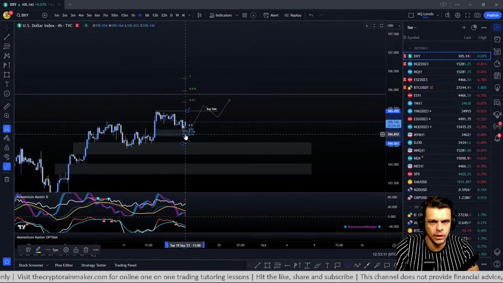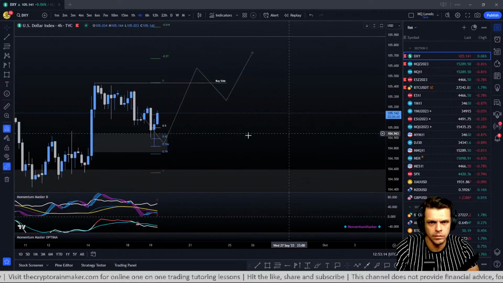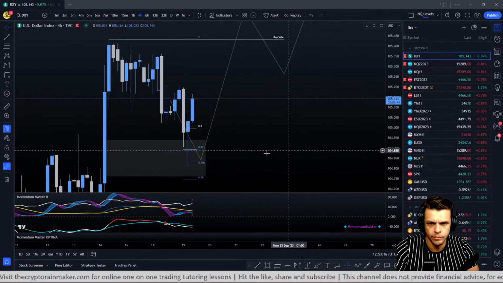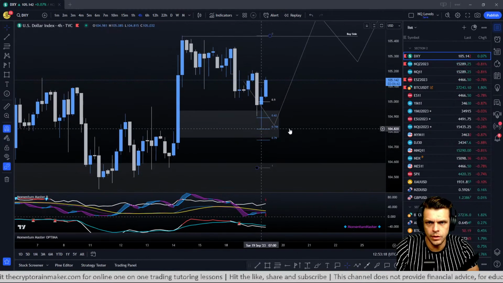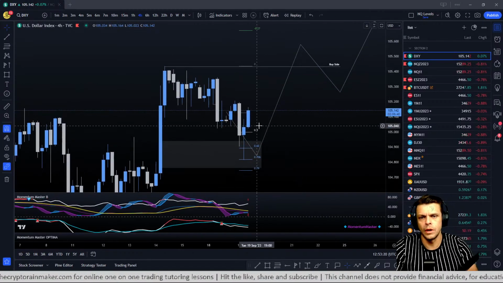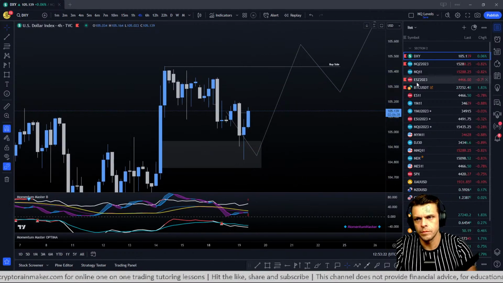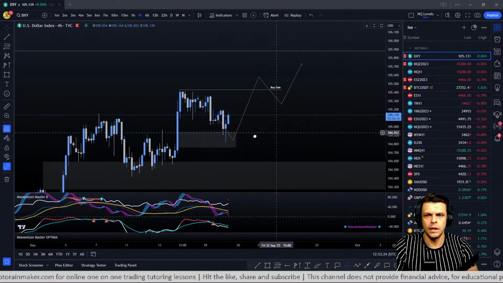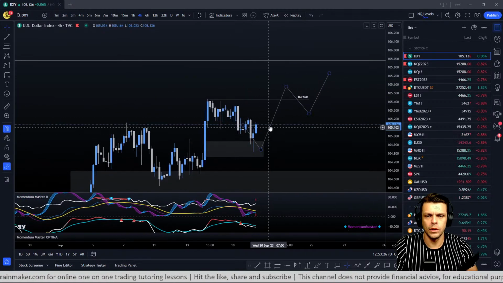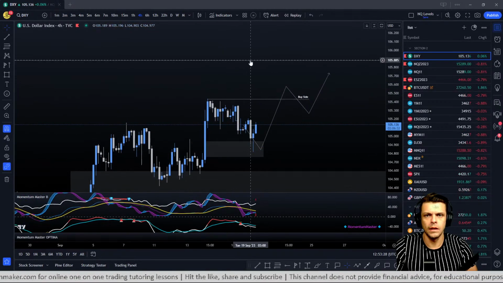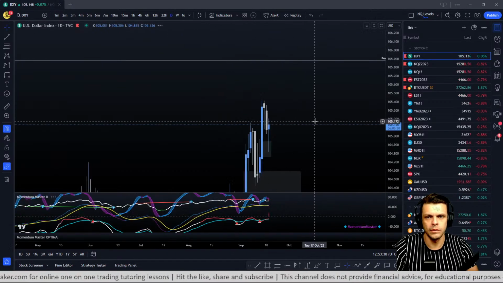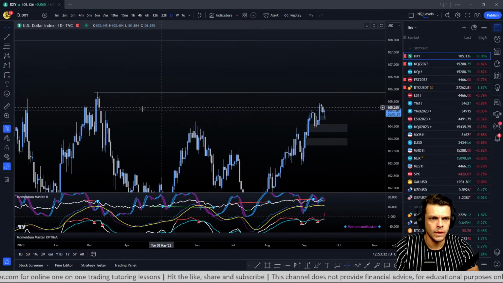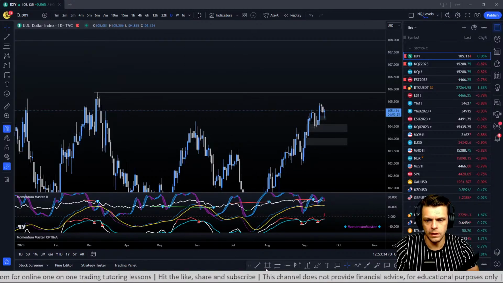So it came right to that 706 almost exactly. Just touched into it, then started to move away. So that kind of tells me that it is definitely wanting to reach for this high and that high on the daily chart as well. Still battling with this volume imbalance, so between those two candles.